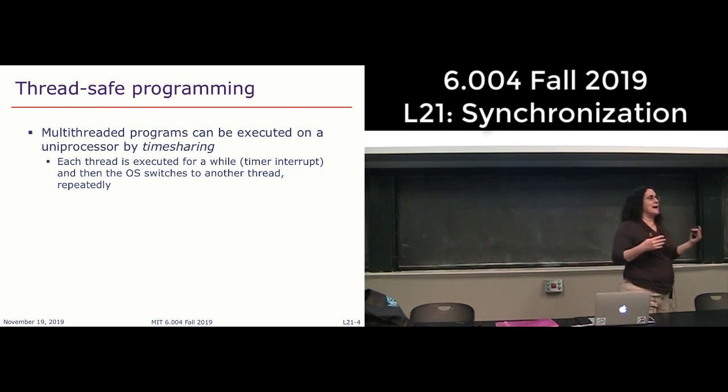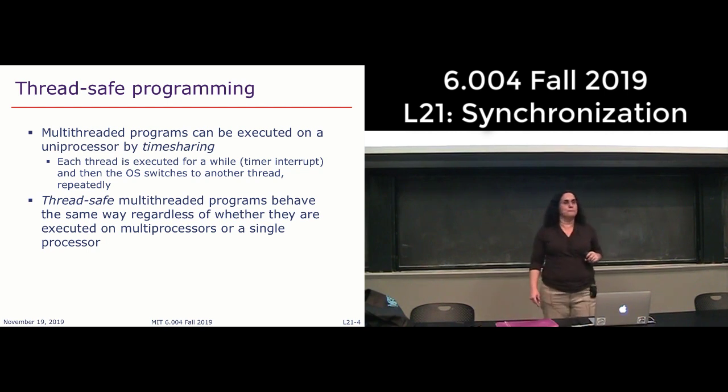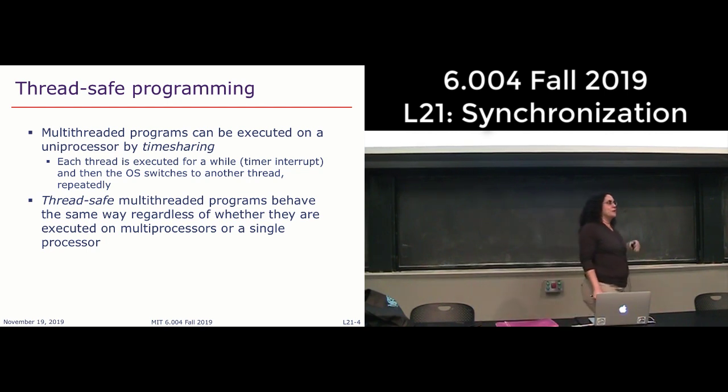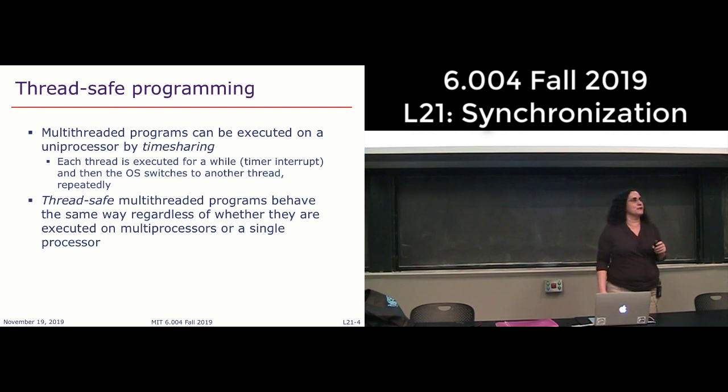You know exactly that only one instruction will be executing at a single time, and so whatever that single processor would produce is what we would expect it to produce, even if you give it multiple processors. So it's said to be thread safe when it's running on multiple processors if what it produces is the same as what it would have produced when running on a single time-shared processor.